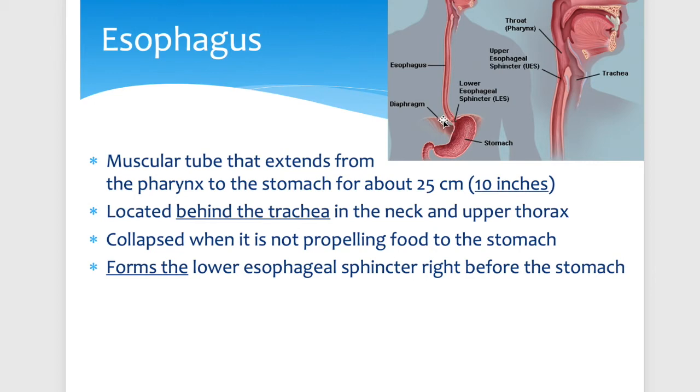That acts like a valve, so it's going to let food go from the esophagus into the stomach. And it's also supposed to prevent stomach contents from coming back up into the esophagus. So if someone were to throw up, that lower esophageal sphincter, which is a muscular valve, would open and allow those stomach contents to come out of the stomach and back up into the esophagus.